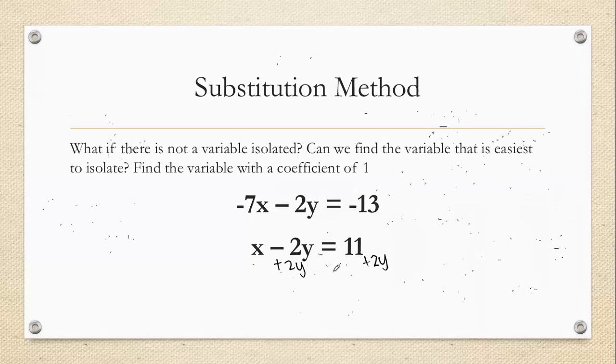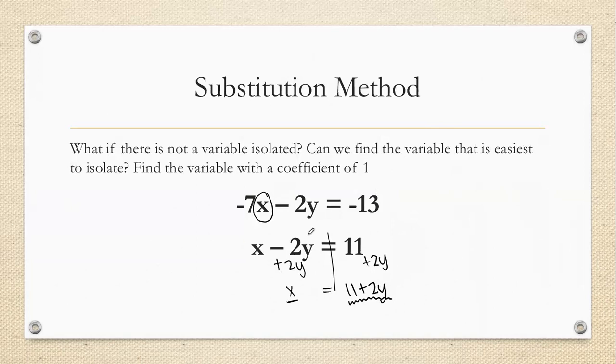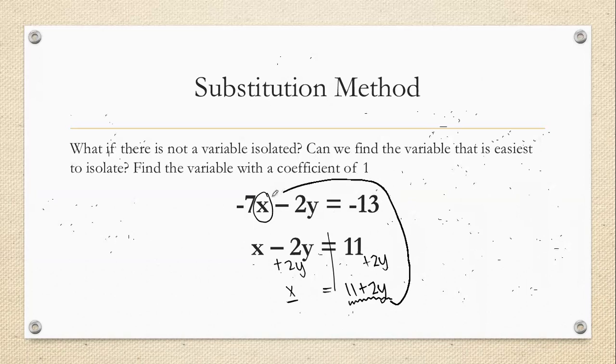So I'm going to add 2y to both sides, and that will give me x equals 11 plus 2y. So now I do have an isolated variable. What am I going to replace this x with in the other equation? 11 plus 2y. So I'm going to substitute 11 plus 2y into my other equation.